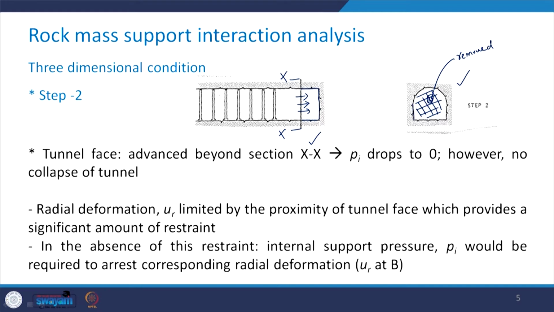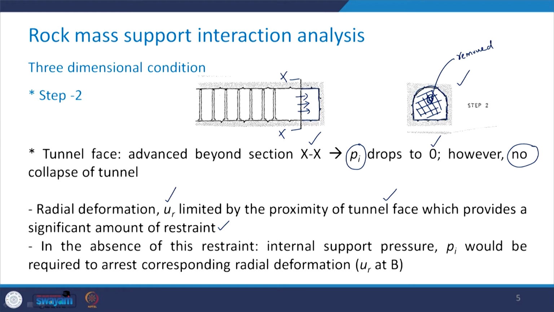So, this boundary becomes a stress free boundary and therefore, the internal pressure Pi drops to 0. However, there is no collapse of the tunnel. This radial deformation UR will be limited by the proximity of the tunnel face, which provides a significant amount of restraint.